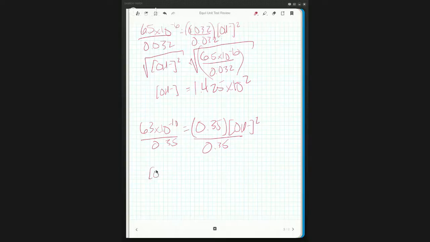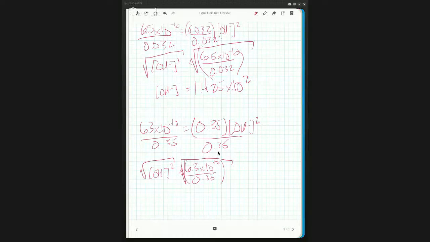Divide both sides by 0.35. So OH minus squared is equal to 6.3 times 10 to the negative 10th divided by 0.35. I'm going to do square root on both sides. That's 1.8 times 10 to the negative 9th.